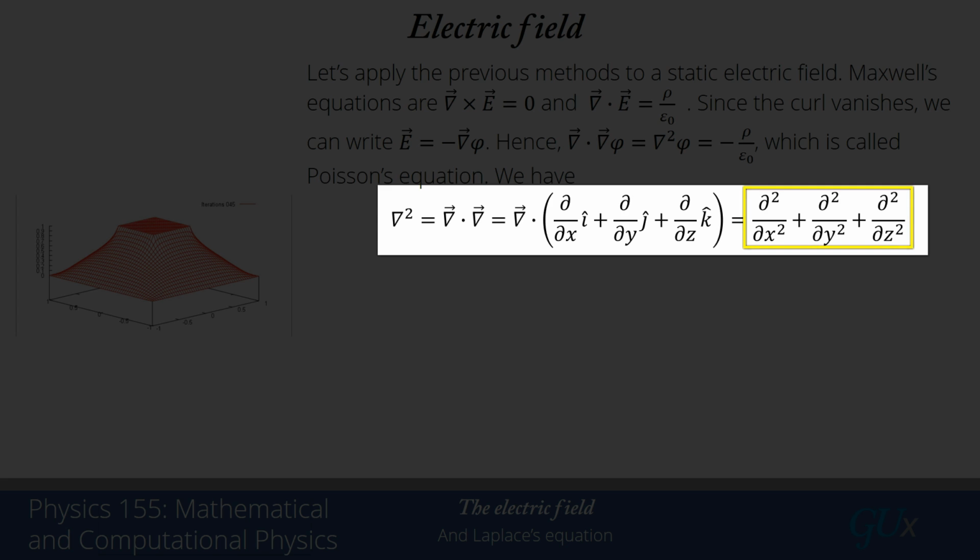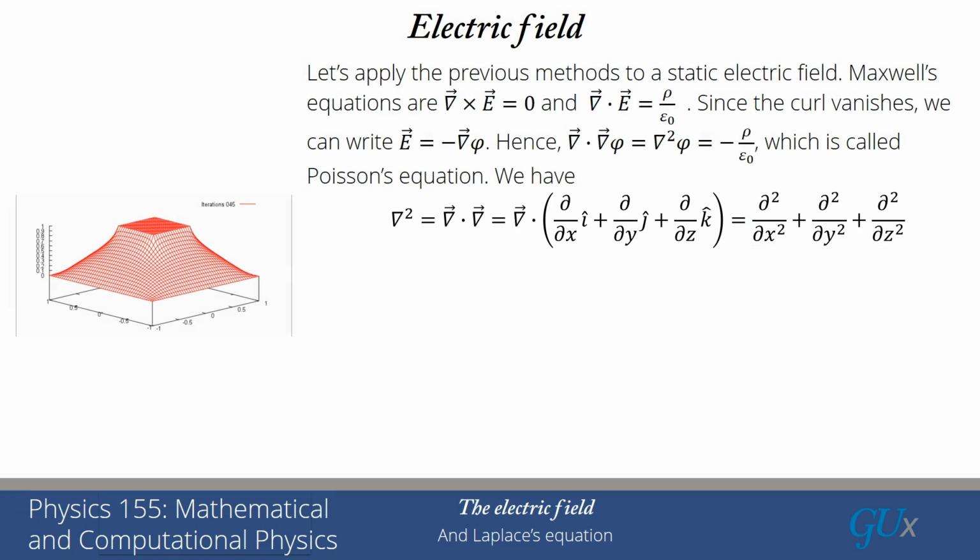And so it just becomes d squared by dx squared plus d squared by dy squared plus d squared by dz squared. Now note, this is the form in Cartesian coordinates. If we go to cylindrical or we go to spherical coordinates, the form of the Laplacian does change, and you're going to see an example of that fairly shortly during this lecture itself.